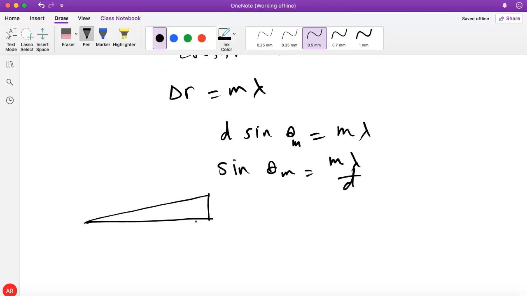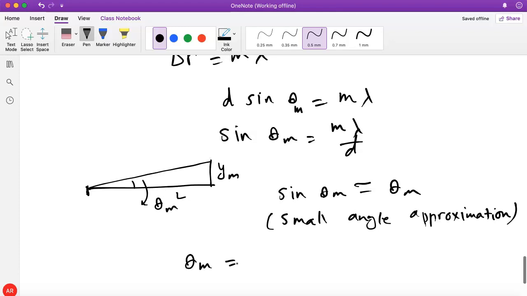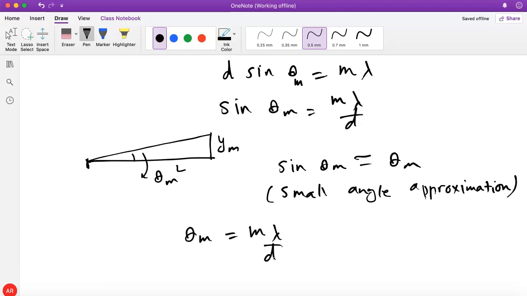And now let's look at it from a distance. These are the two sources here. Really, they look like a point. This is my theta m angle. And the idea is that ym is, again, much smaller than L. If L is really large, we can make that approximation. So sine theta m is approximately equal to theta m. This is the small angle approximation, which is really a Taylor expansion of the sine function keeping the first term. So that implies that theta m is m lambda over d.